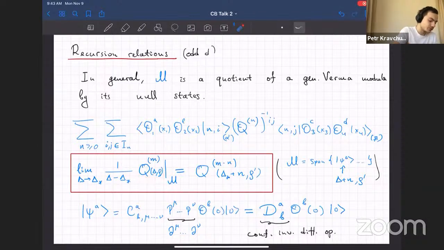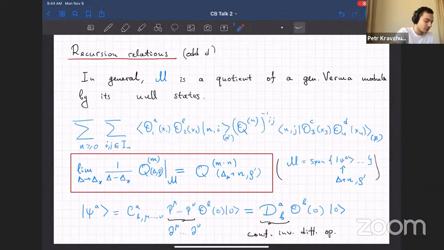But what you can do is you can look at the matrices of inner products Q, which depend on delta and rho, where delta is the scaling dimension, rho is the Lorentz representation of our operator O. And you can restrict these matrices to this submodule M, and if we take delta to the special value delta star at which M appears, then since M consists of null vectors, this Q restricted to M just becomes 0.